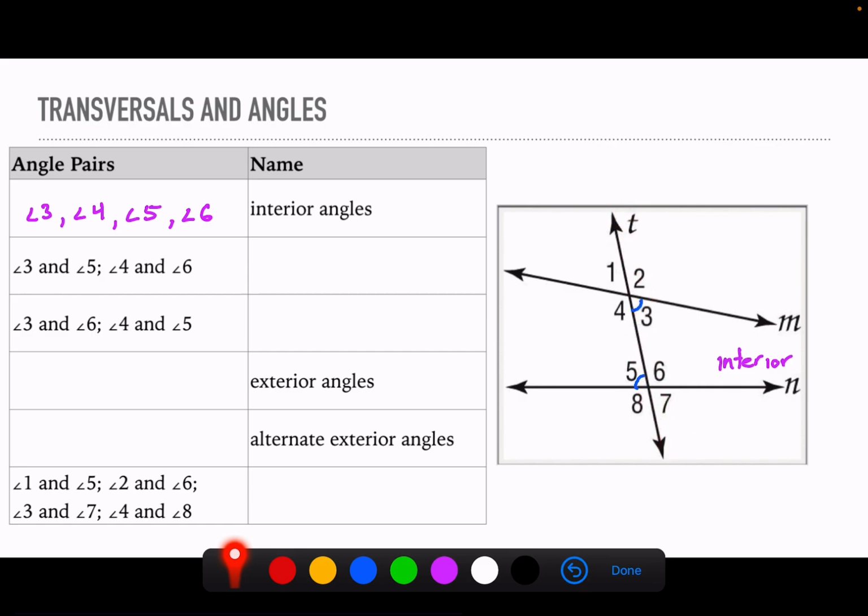So 3 is over here, 5 is over here. They switch sides. Now they're on the interior of these 2 lines. So we can put this idea together and we can say these are going to be alternate interior angles.